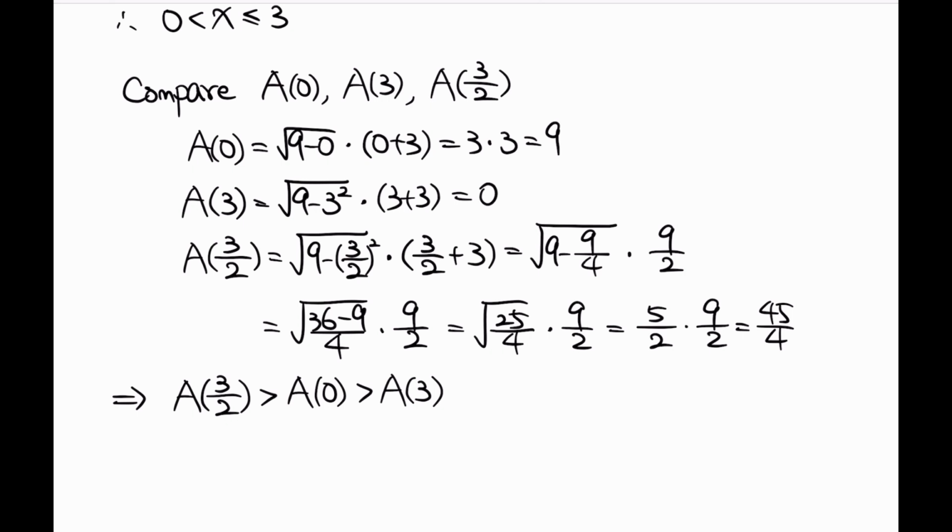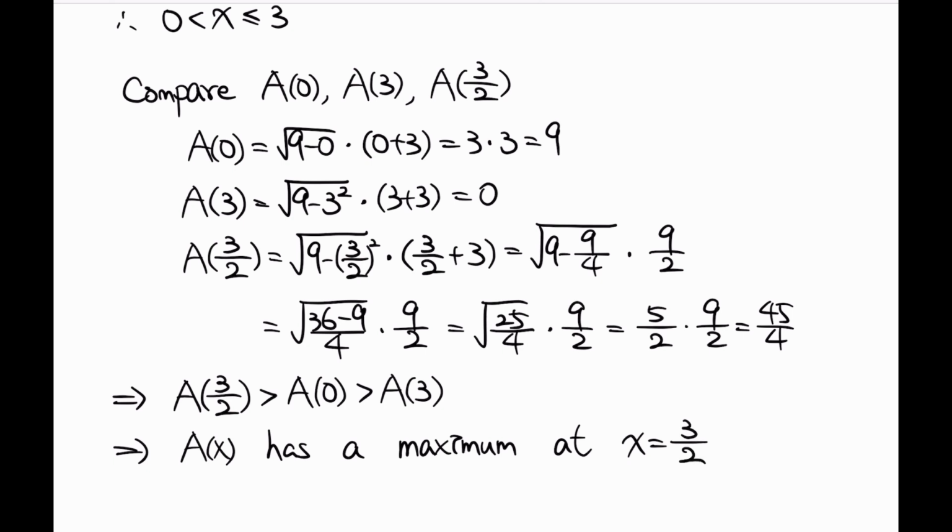So this tells us that 3 over 2 is a maximum, so A of x has a maximum at x equal to 3 over 2.